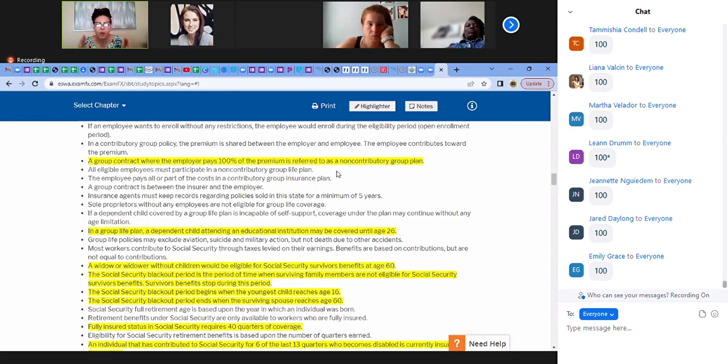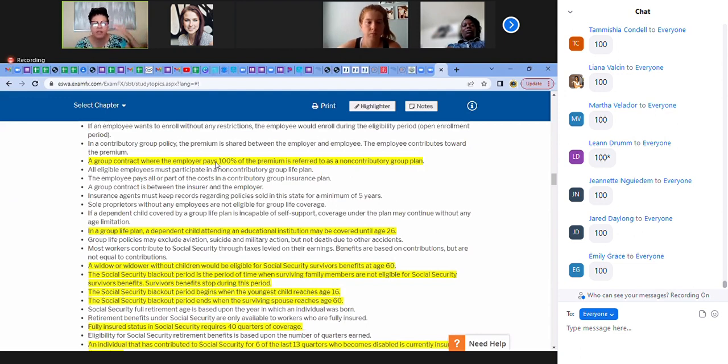Whatever the employee is paying is going to determine if it's a contributory or non-contributory plan. So if the employer is paying 100%, that means the employee is paying 0%, and that's why it's a non-contributory plan.